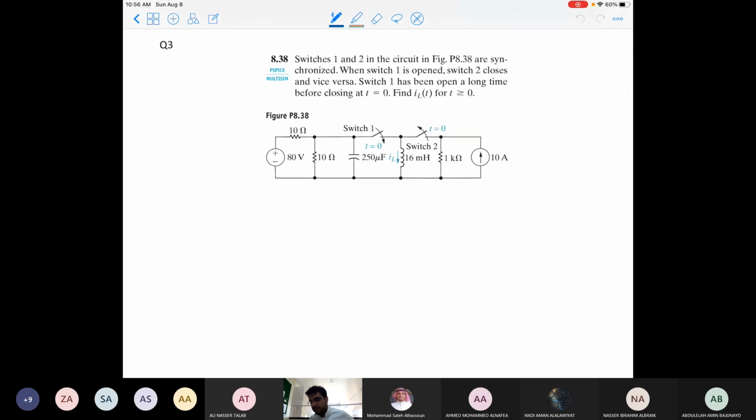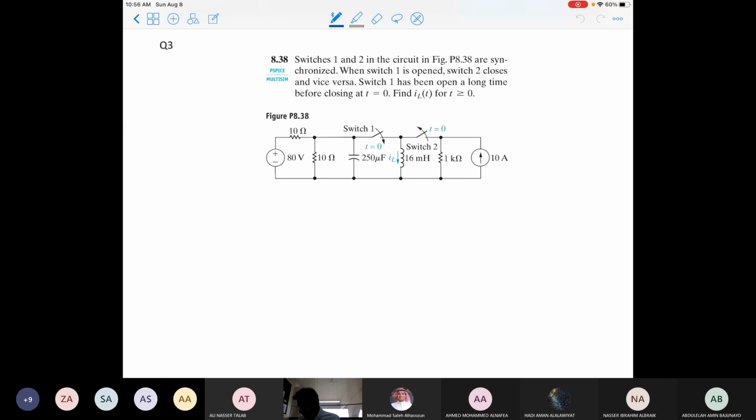The third question that we want to solve is this question, and this question is taken from your textbook. In this question, we are asked to find the current passing through the inductor for t greater than 0. What happens here is we have two switches, switch 1 and switch 2.